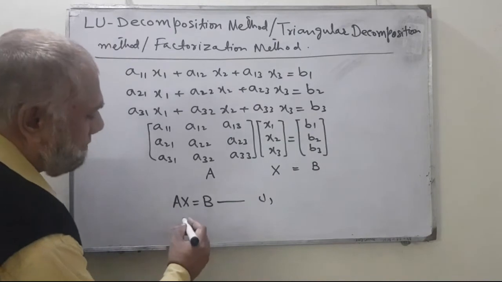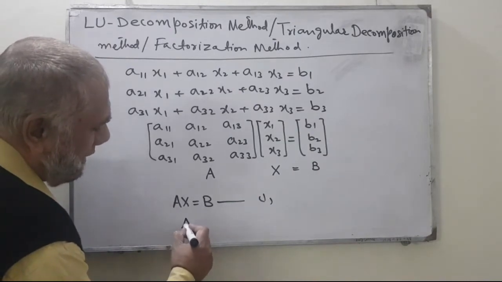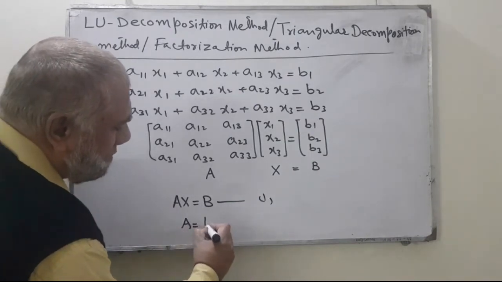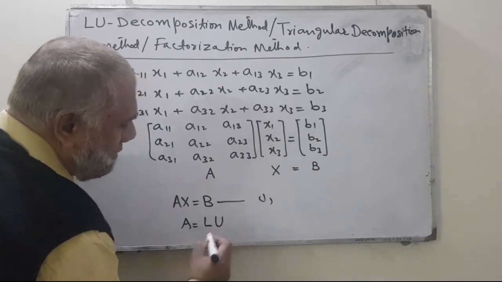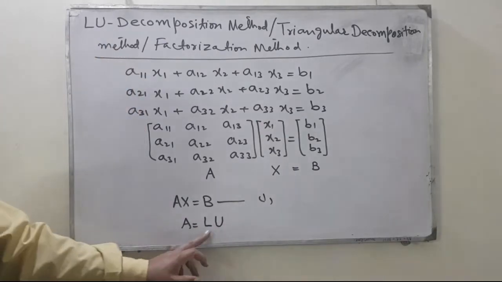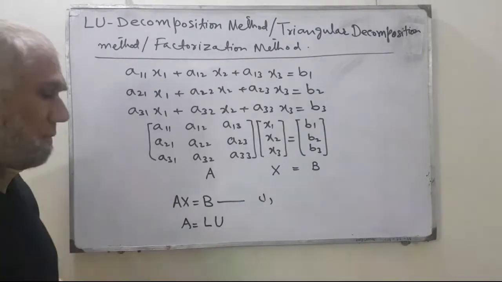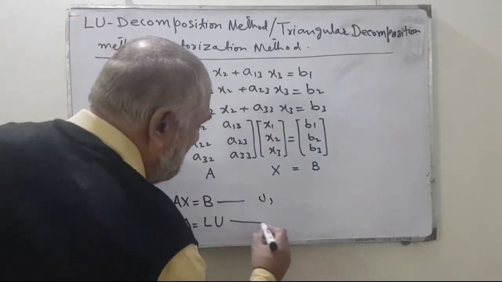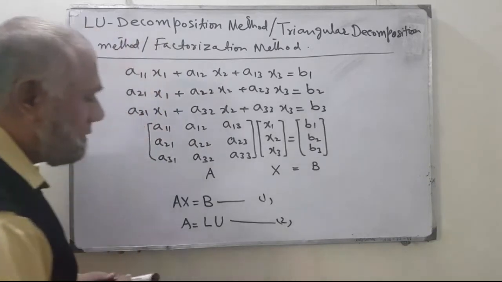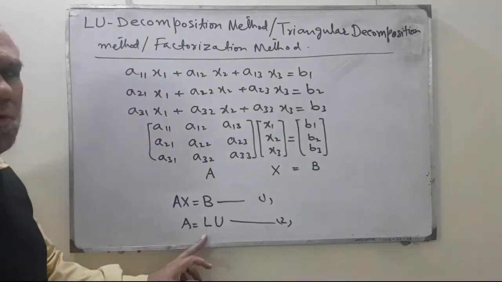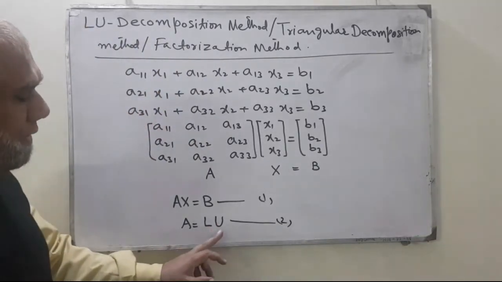Here we assume that we can decompose A into the product of two matrices. One of them is L and the other one is U. What is L here? L is the unit lower triangular matrix. And what is U?